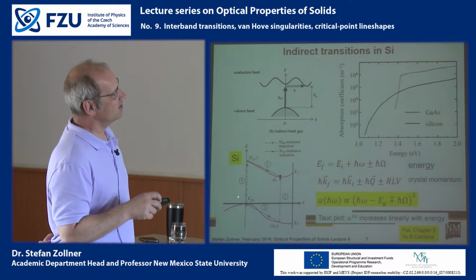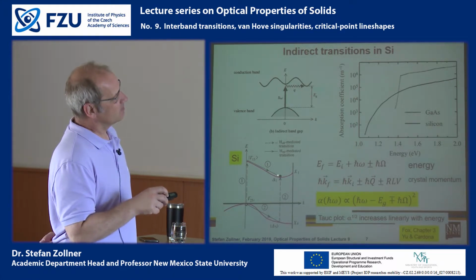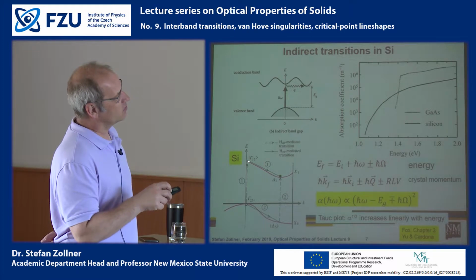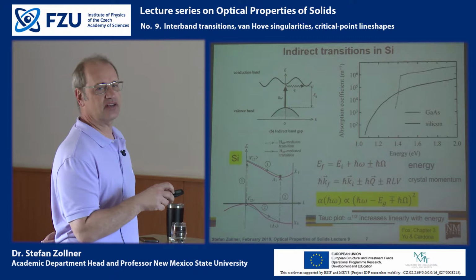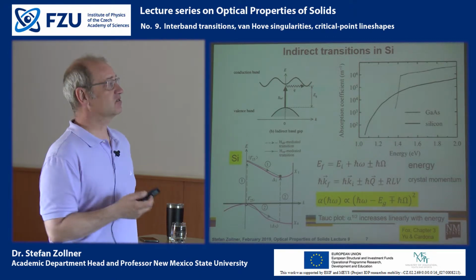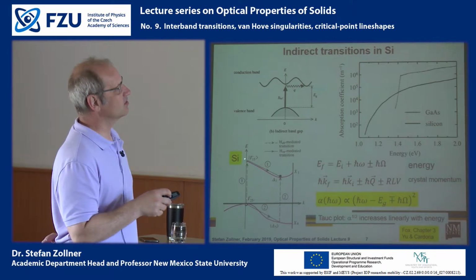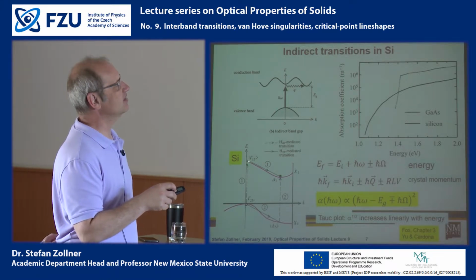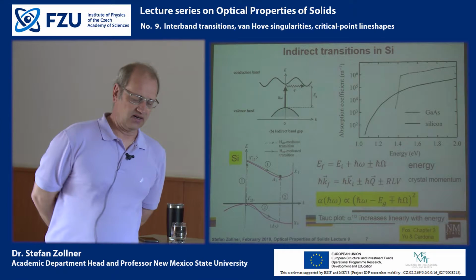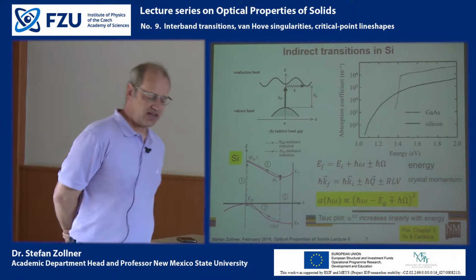What you will see is that this transition, this phonon scattering, does not conserve energy. So this is a second order quantum mechanical process. There is an intermediate state here. This intermediate state does not have the right energy.